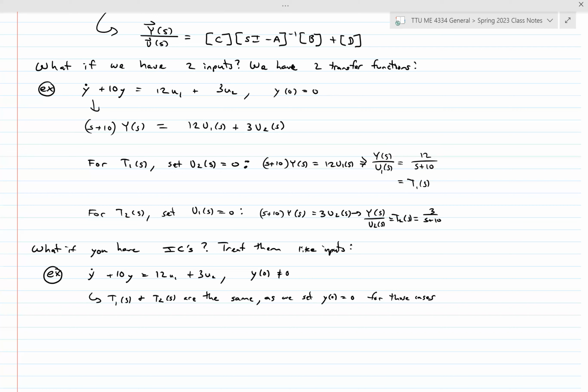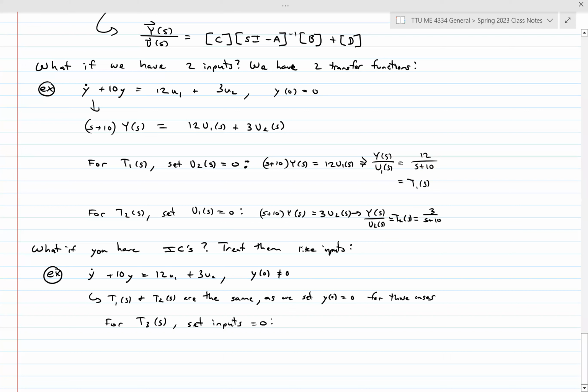That gets our transfer function, at least the way you guys have traditionally been taught. You can't have initial conditions, so we set them to 0. But then I would argue that we're going to have a T3 of S, where we set inputs, and in the cases of higher order systems, all the other initial conditions equal to 0.